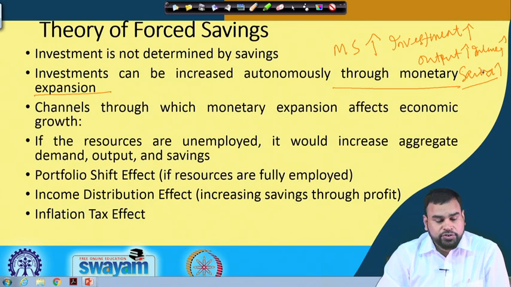Whenever you increase the money supply, it will increase the demand, because still the resources are underutilized. If it increases the aggregate demand, then obviously it will increase the investment, because the demand is there, and a producer will be ready to produce the product, so by default the output will increase.